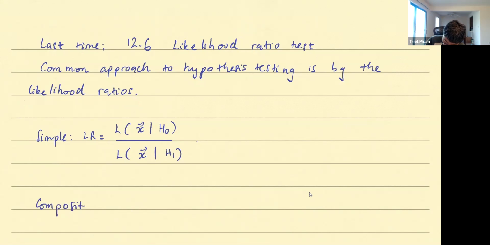With a composite hypothesis, under the hypothesis, the distribution may not be completely determined. Therefore, we must take the max. The max allows us to max out all the unknown scenarios under the null.